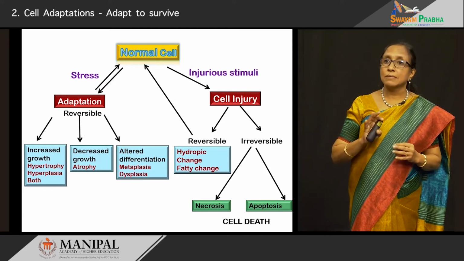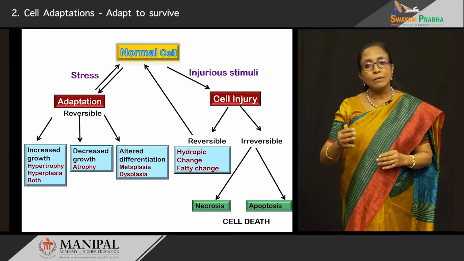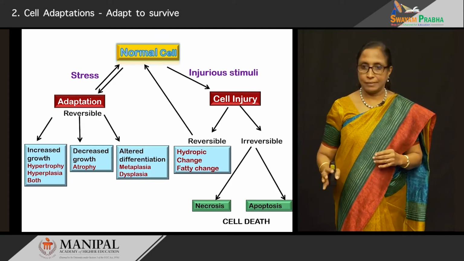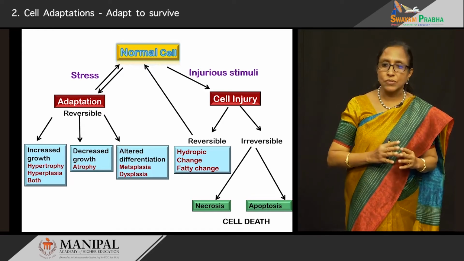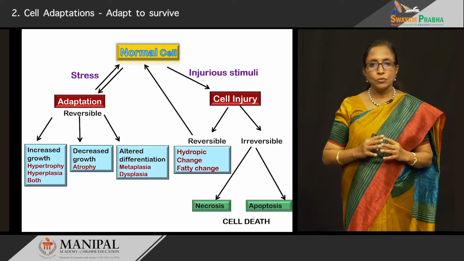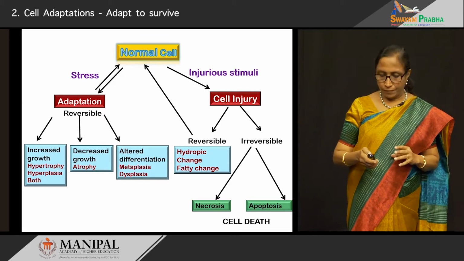If it is a severe progressive injury, then the cell goes on to irreversible cell death, and the two forms of cell death are necrosis and apoptosis. So, this is how the various responses to injury are.